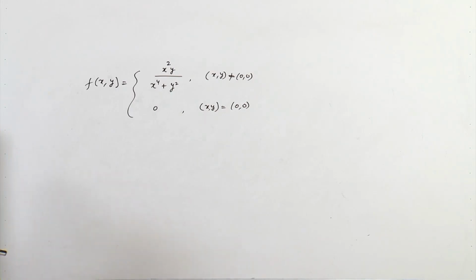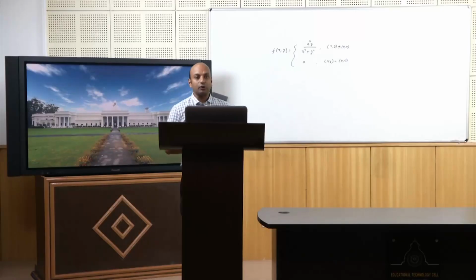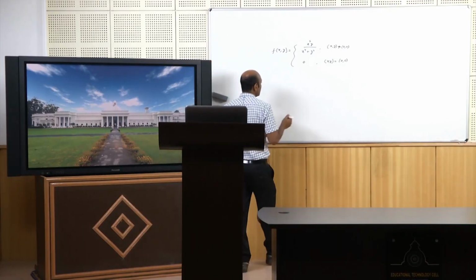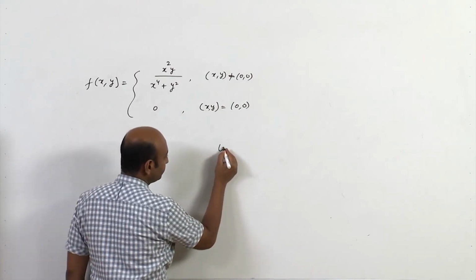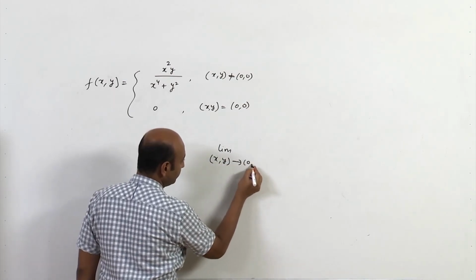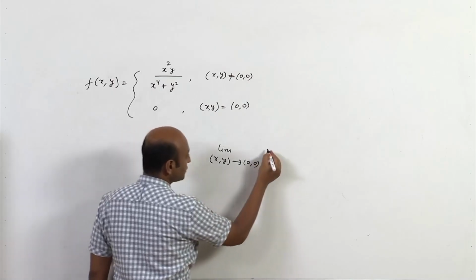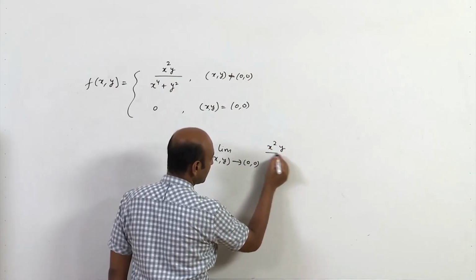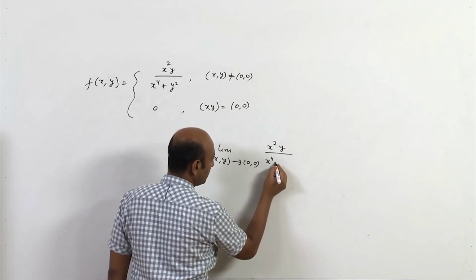Now, first we have to show that this function is not continuous at origin. Okay. So, let us find this limit first: limit (x, y) tending to (0, 0) of x squared y upon x raised to power 4 plus y squared.